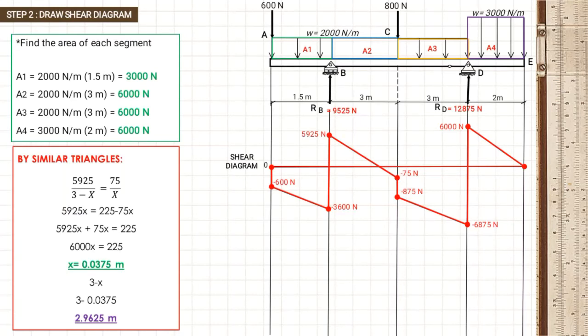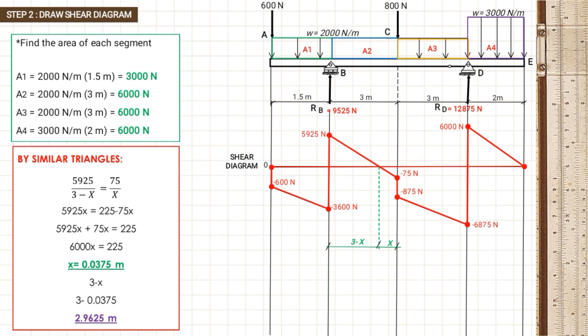As you can see in the shear diagram in span BC, there are unknown dimensions. So in the small triangle, we will denote as an x, and for the bigger triangle is 3 minus x. And to compute that dimension by similar triangle, we have 5,925 all over 3 minus x is equal to 75 all over x.